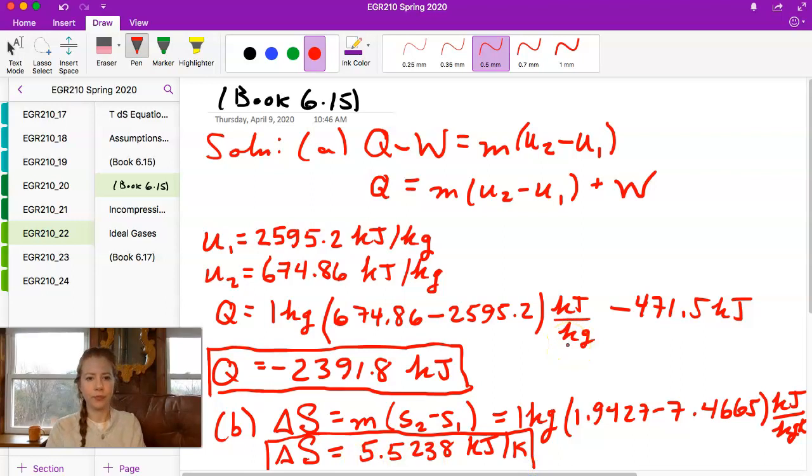Okay, so that was it with that one. Now, let's just explore what would have happened if we applied the incompressible model here. Okay, so let's just try it.